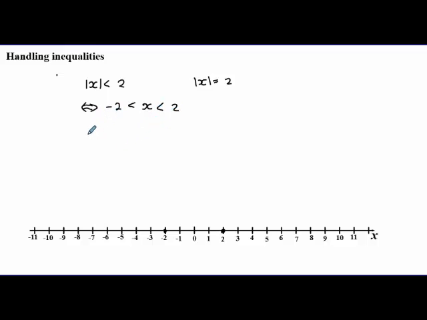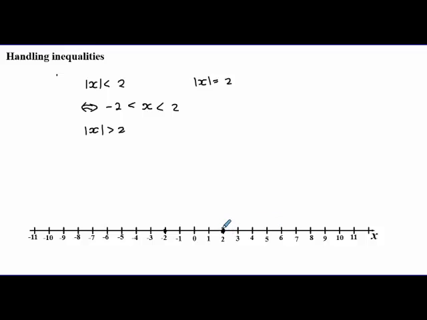On the other hand, if we consider the opposite inequality, the absolute value of x greater than 2, we again have our 2 as a reference, where the absolute value equals 2. If we say greater, the numbers which are greater than 2 are on the right of 2.